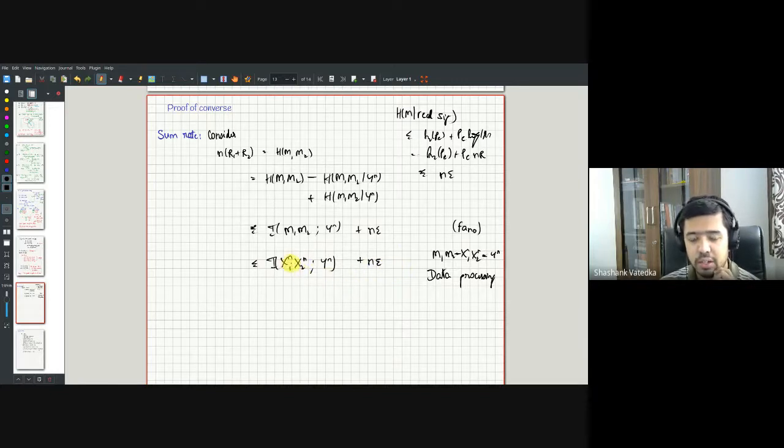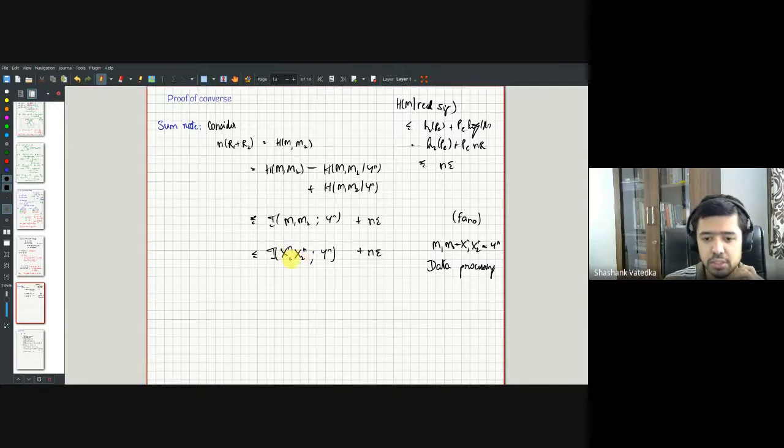Now this could depend on joint distributions on X1n and X2n. So the claim is to show that this is less than or equal to a sum of mutual informations of the individual terms. How do you do that?